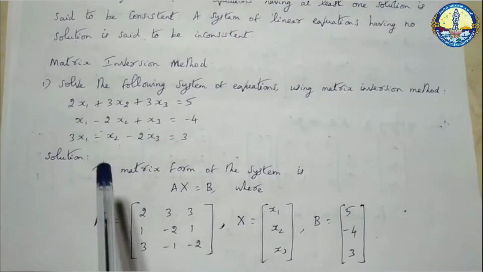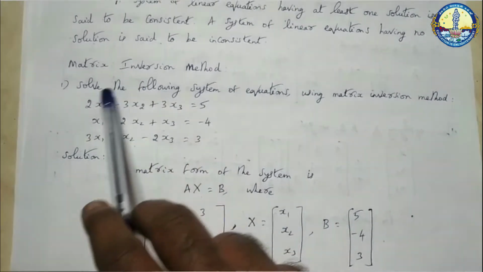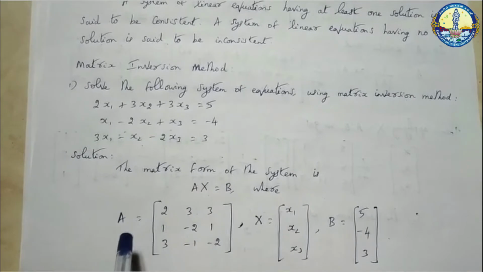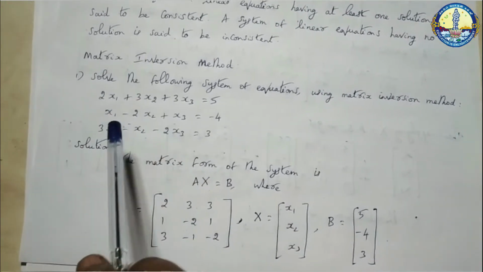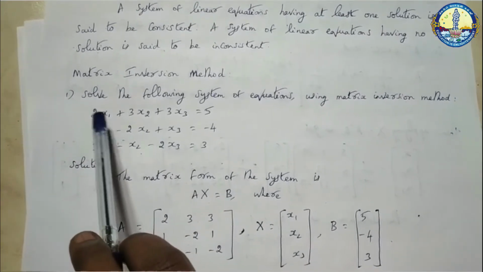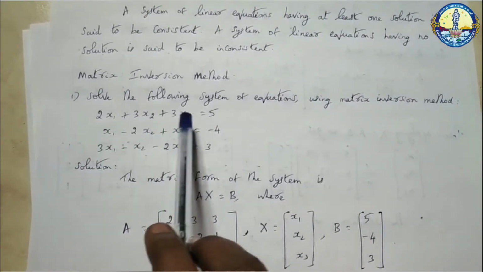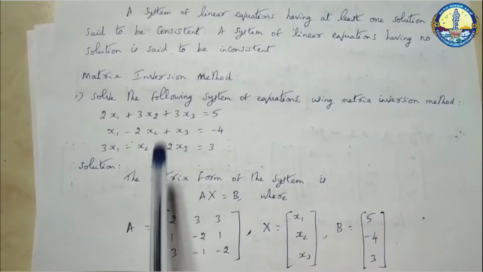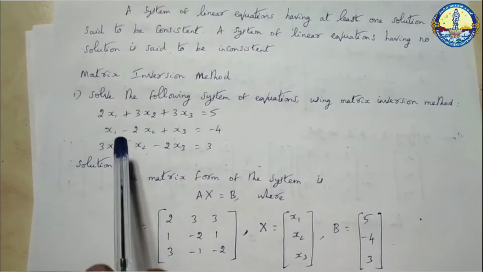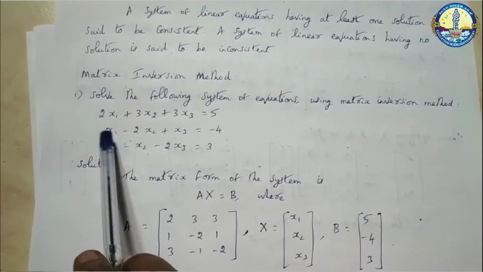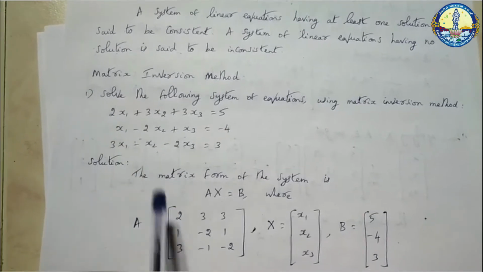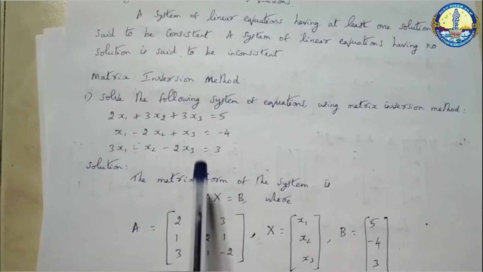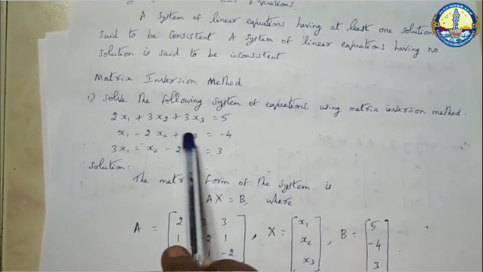So, solution. First, the matrix form of the system is Ax equals b, where A is the matrix of coefficients of x1, x2, x3 in each equation. In the first equation the coefficient of x1 is 2, of x2 is 3, and of x3 is 3, so the first row is 2, 3, 3. Second row: before x1 nothing is written, so it is assumed as 1 into x1, so 1; then minus 2; and x3 also has coefficient 1.